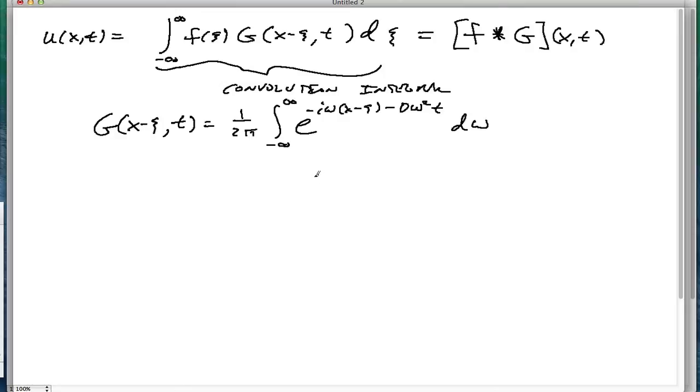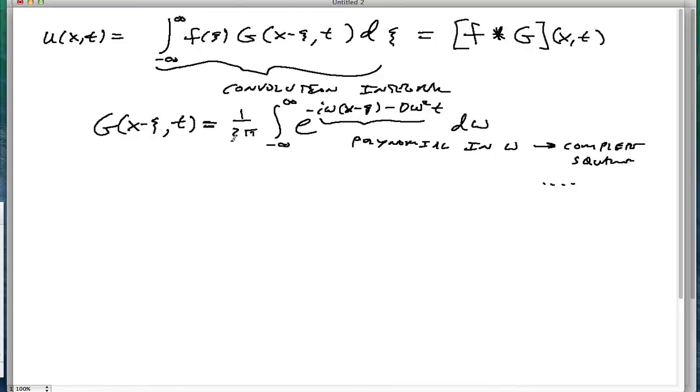Now recall from before, you see that this looks like a polynomial in omega. There's an omega squared there, and then there's an omega there. And remember, within this integral, x and c and t are all parameters, and d as well. So this polynomial in omega, we can complete the square, and do a bunch of other calculations.